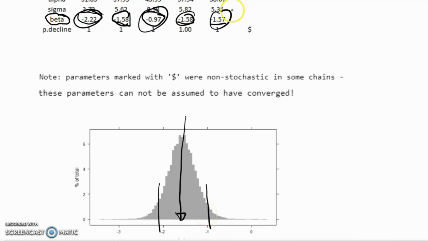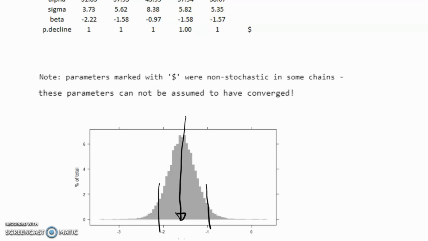And how about our P decline? The answer for P decline seems kind of silly or kind of strange in that when you look at the output, it's got this $ sign and it's got this warning about the chains being non-stochastic. What's happening here? What's happening here is you think about what this P decline is doing. It's the probability of getting a negative slope.